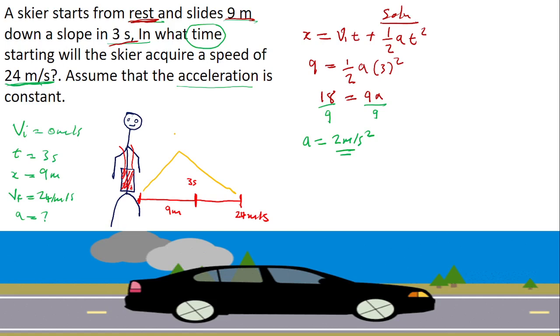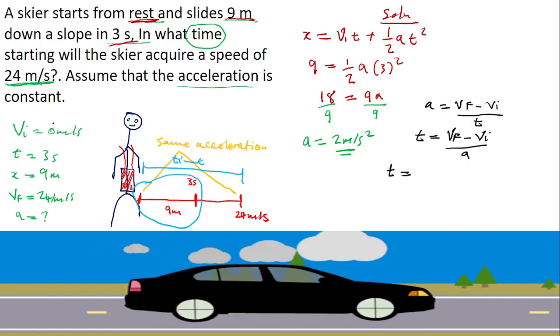The v initial is simply 0, and v final, we have already been told, is 24 meters per second, minus the initial, which is 0 meters per second, over the acceleration, which we have just found, which is simply 2 meters per second squared.